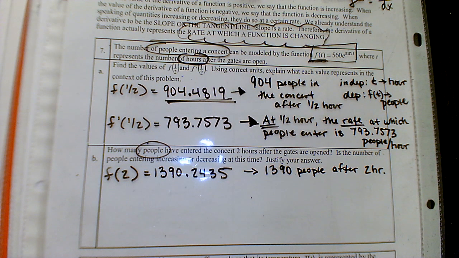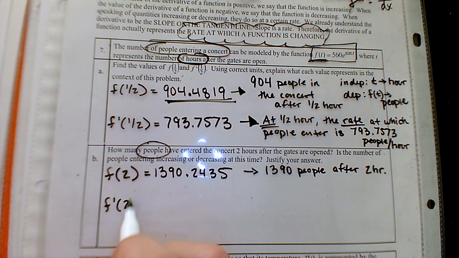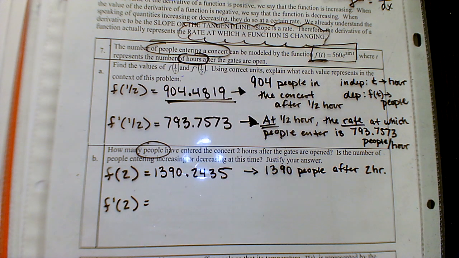How can we determine if the people entering the concert is increasing or decreasing? Are they coming in quickly? Are they coming in slowly? How can we figure that out? Find the derivative at that point. So f prime of 2. On your calculator, we'll hit math, go down to 8.